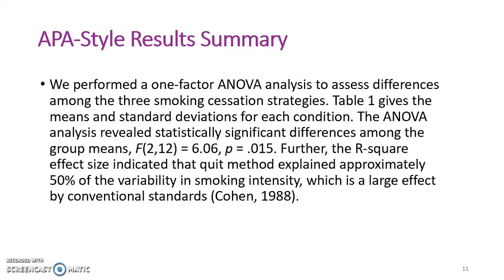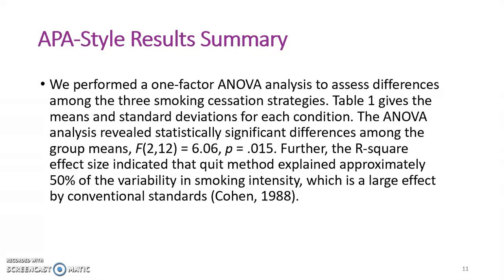Table 1 gives the means and standard deviations for each condition. The analysis revealed statistically significant differences among the group means, reporting the F value as it's shown here and the p value. Further, the R-square effect size indicated that quit method explained approximately 50% of the variability in smoking intensity, which is a large effect by conventional standards.